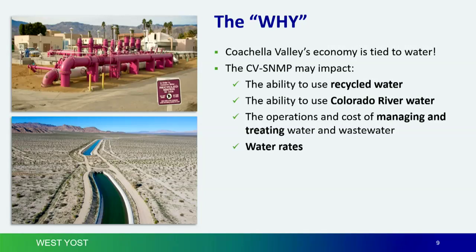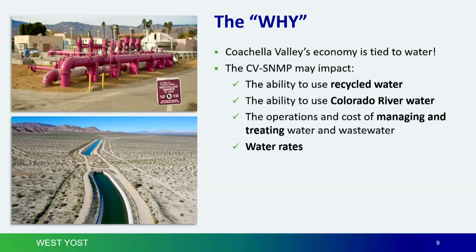The ability to use Colorado River water. Colorado River water is an extremely important part of the water supply that makes the Coachella Valley sustainable with regard to groundwater use. So extremely important to preserve the ability to continue to use Colorado River water in the basin.